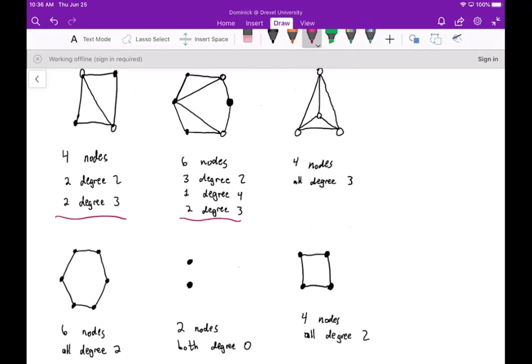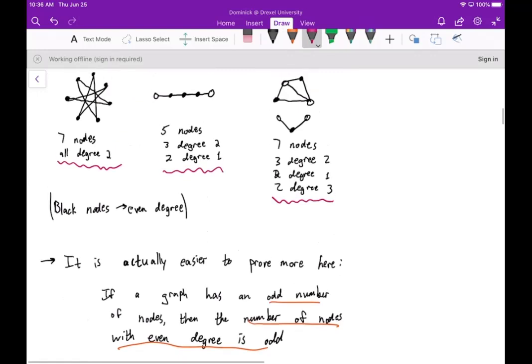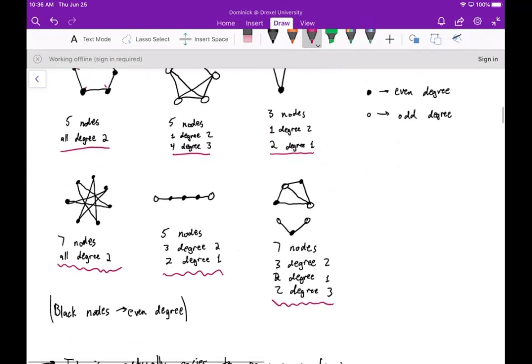Just to highlight the pattern here, let me go back. These had, looking at even degrees, 5 even. This has 1 even.